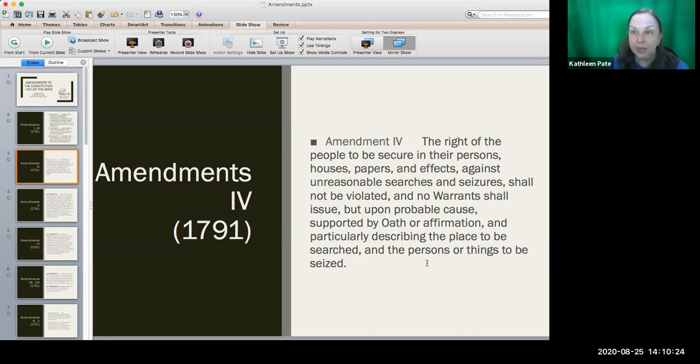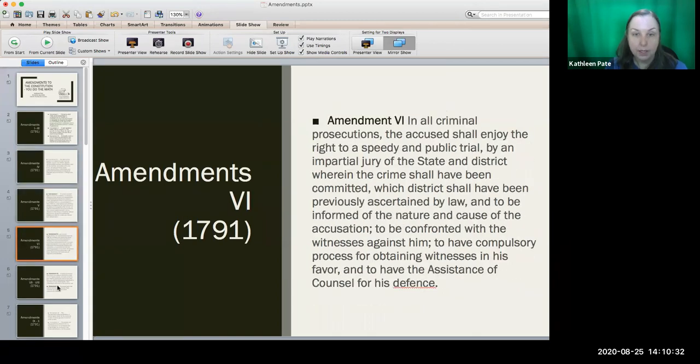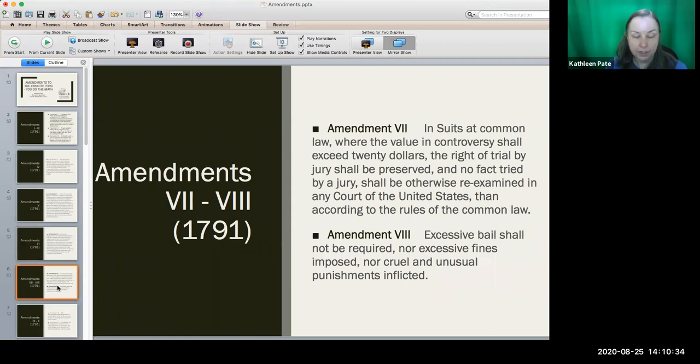But you see all of these, so 4, 5, 6, 7, and 8 all relate to how citizens are going to be treated within the justice system, right?